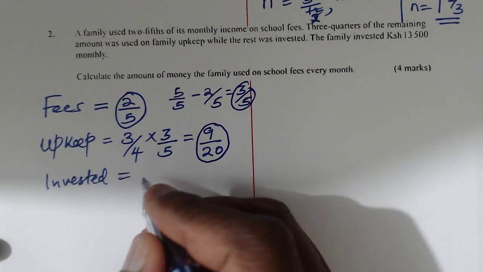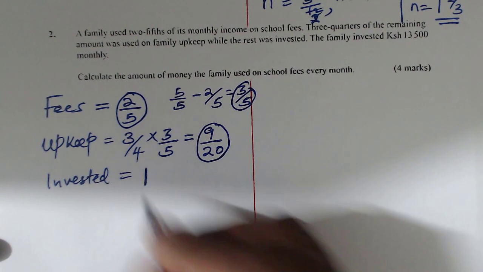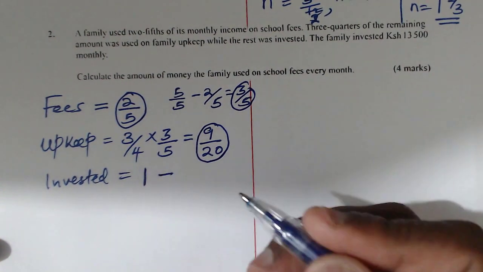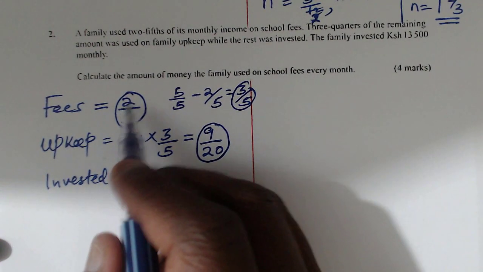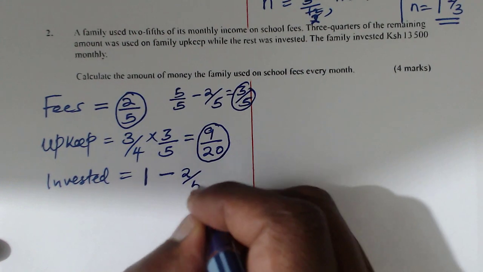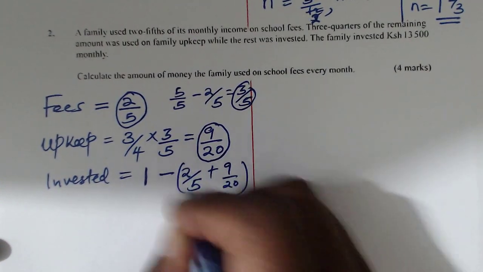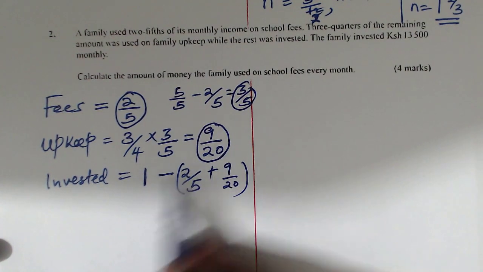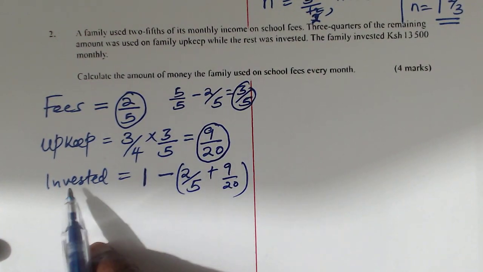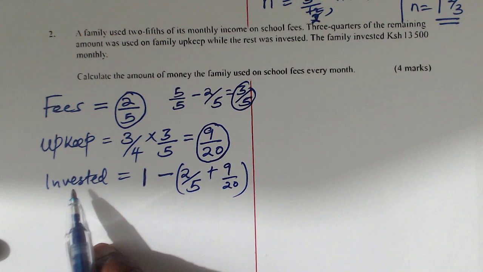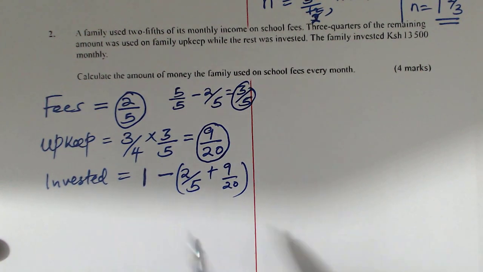So the whole amount will be represented by a whole number, that is 1. That is the whole amount. Then we subtract the fees and also the upkeep. By this we'll get the remaining amount, that is after fees and upkeep, and that will give the invested fraction.